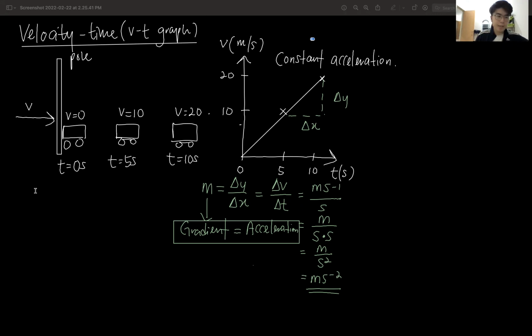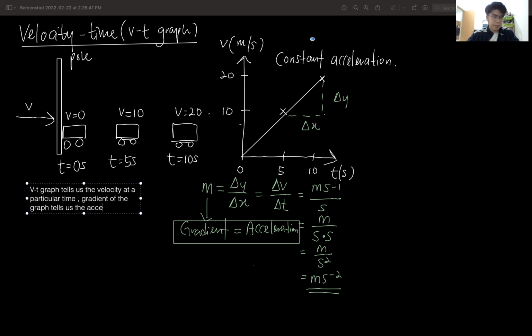So what does the velocity time graph tell you? Let me write it here. The VT graph tells you the velocity at a particular time. And the gradient of the graph tells us acceleration. Okay?